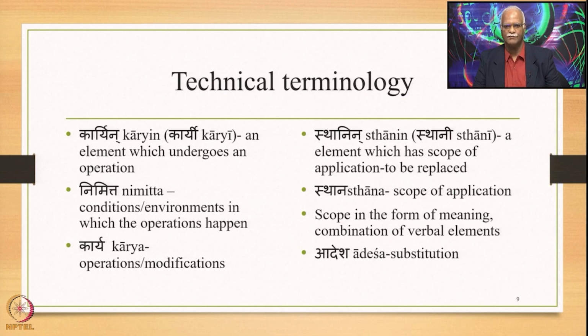Correspondingly, we also have the other set of terms: sthanin or sthani, sthana and also adesha. Sthanin is an element which has scope of application. Sthanin is to be replaced. Sthana is the scope of application, scope in the form of meaning as well as combination of verbal elements. And adesha is substitution.